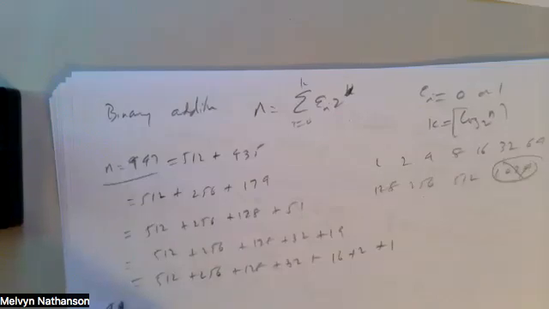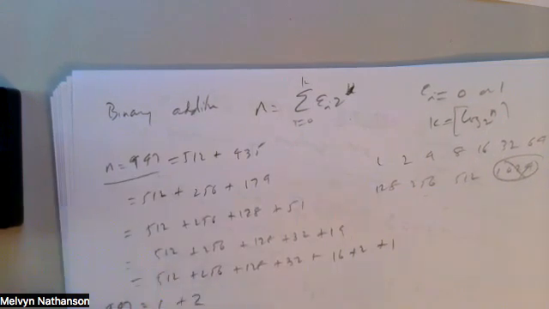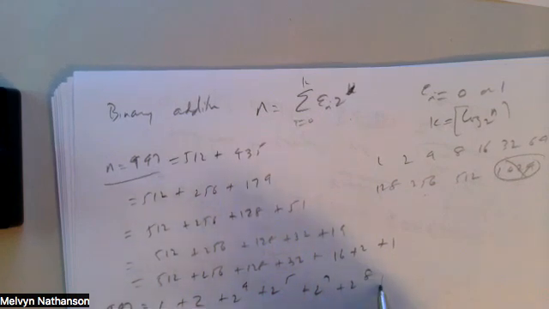So we have 947 in binary is 1 plus 2 plus 2 to the 4th power plus 2 to the 5th power plus 2 to the 7th plus 2 to the 8th plus 2 to the 9th.